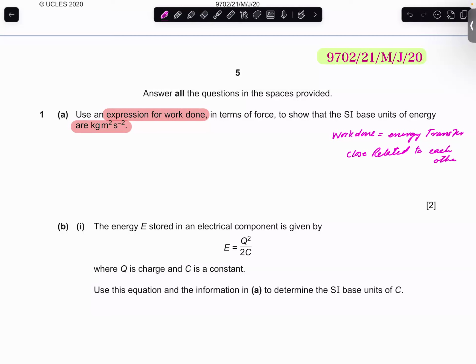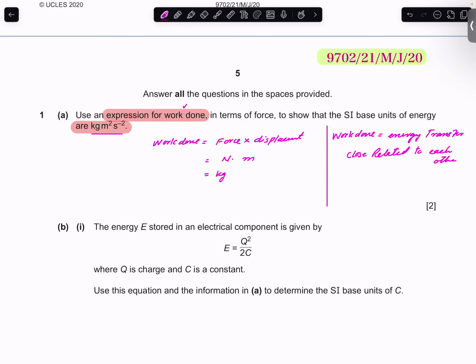So according to the instruction of the question, we have to use a formula for the work done. I know that work done is equal to force multiplied by displacement. I have to show this unit for the energy. The unit of force is Newton and displacement is meter.